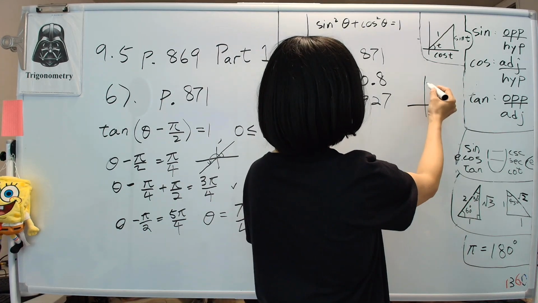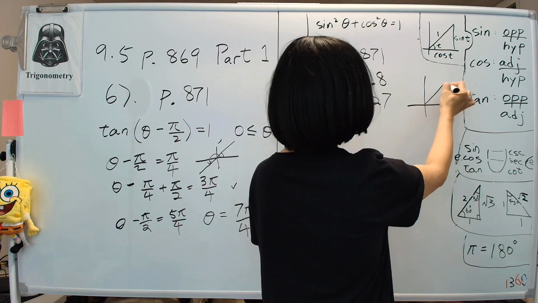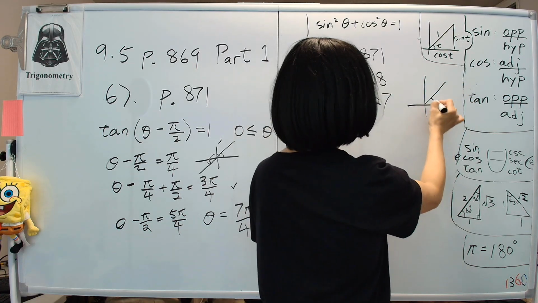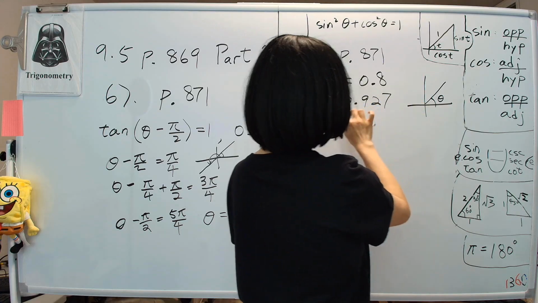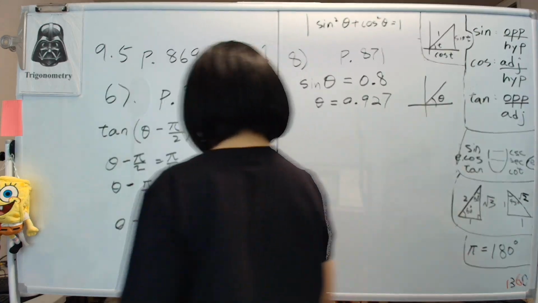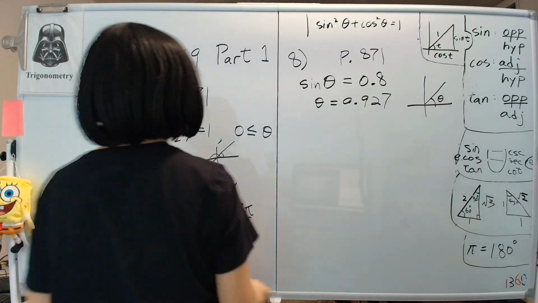So theta equals 0.927. Which is something like here, okay? This is theta.